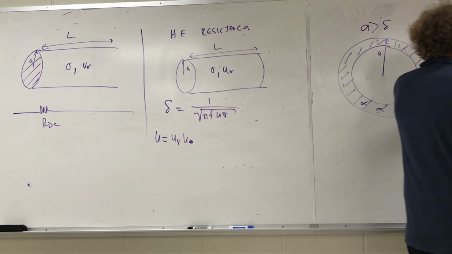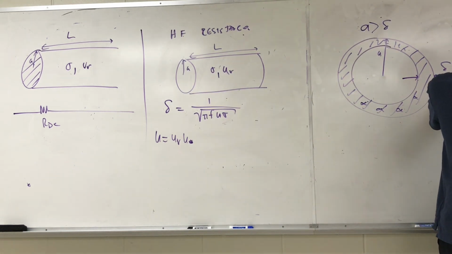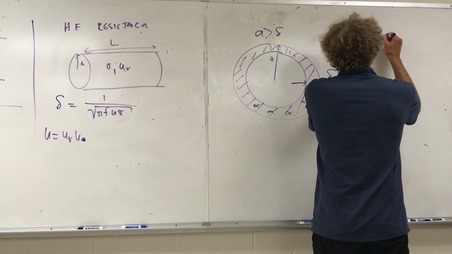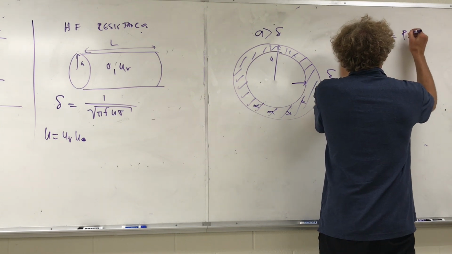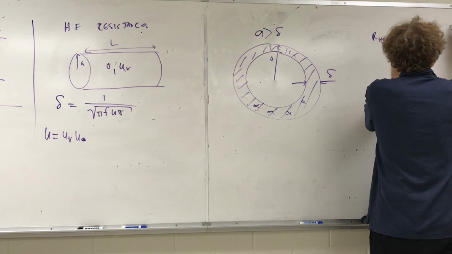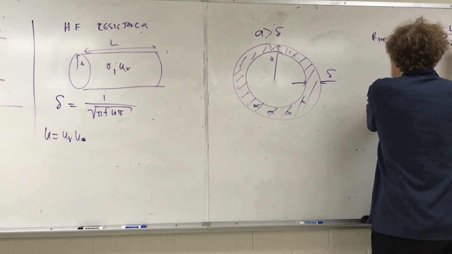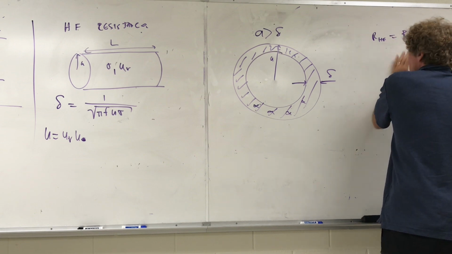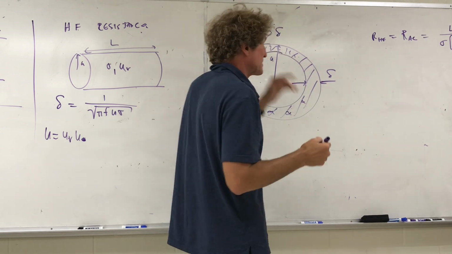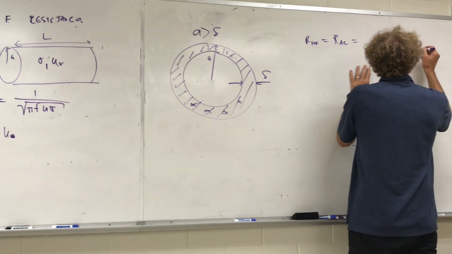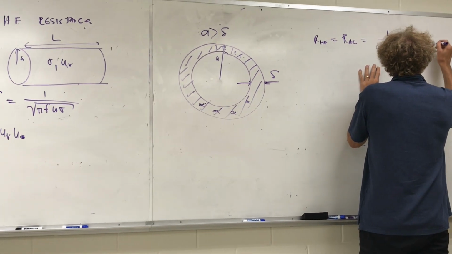Now this is the R, and you can call it high frequency or AC. So R high frequency will be R AC for alternating current, and that's going to be proportional to the length, inversely proportional to sigma, but now the area is pi A squared. So it's the total area here, but you subtract from it the inner area. So it's that minus pi times A minus the skin depth, squared.